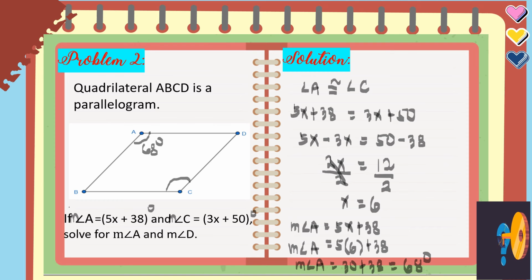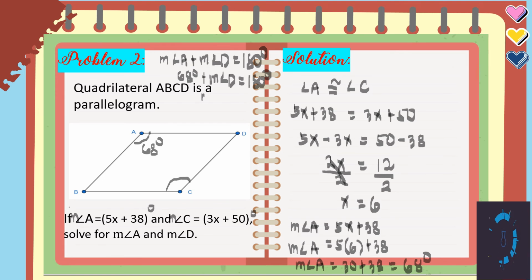And the measure of angle D, since angle A and angle D are consecutive angles, then we can say that angle A and angle D are supplementary. We can say that the measure of angle A plus the measure of angle D is equal to 180 degrees. And the measure of angle A is 68 degrees plus the measure of angle D equals 180 degrees.